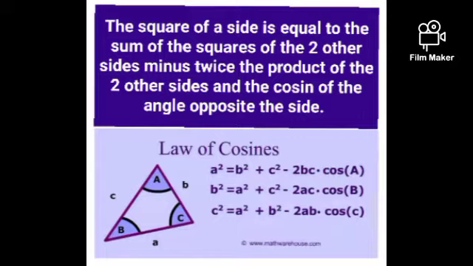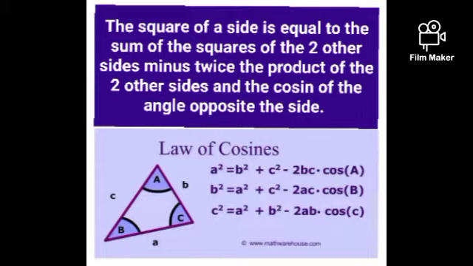By the law of cosines, the square of c is equal to a squared plus b squared minus 2ab times the cosine of angle capital C.